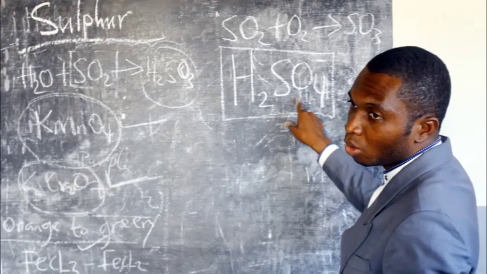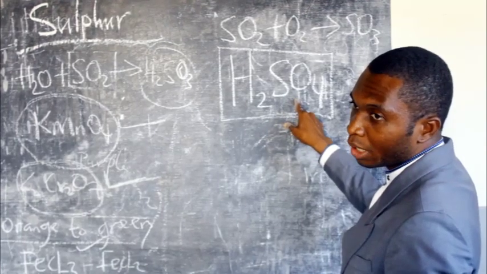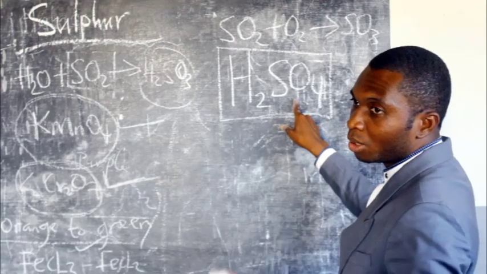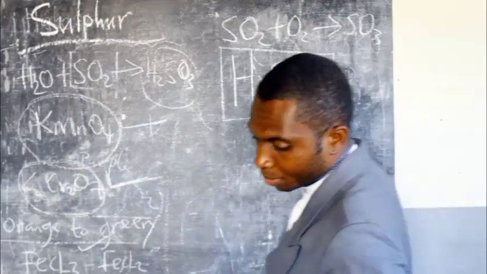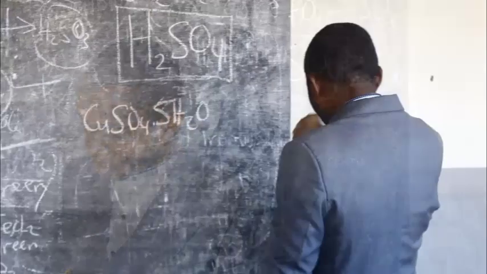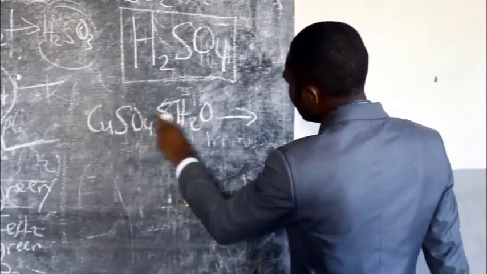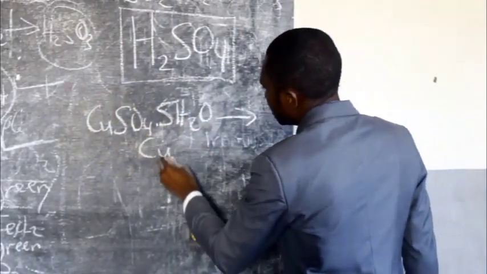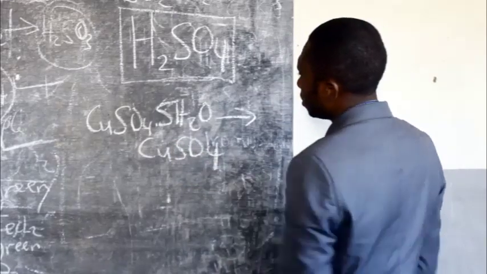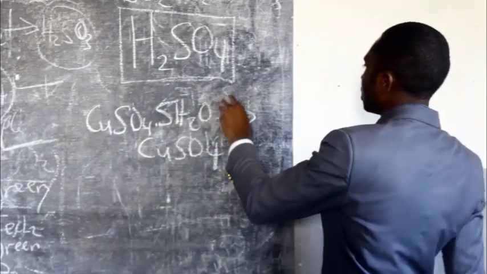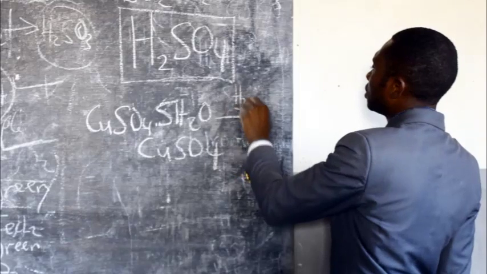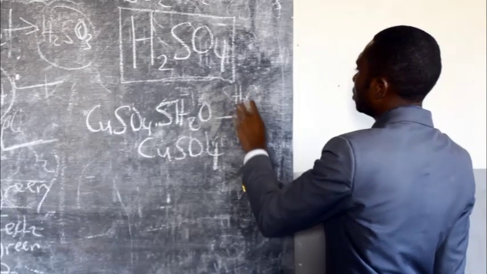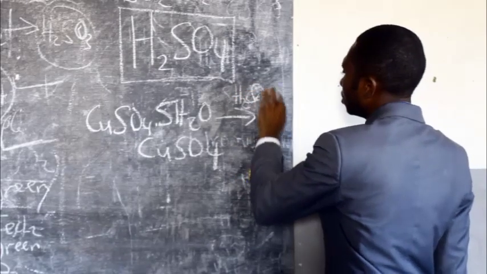After the formation of oleum, it will then finally form H2SO4. When this is dehydrated, you can dehydrate it using H2SO4.